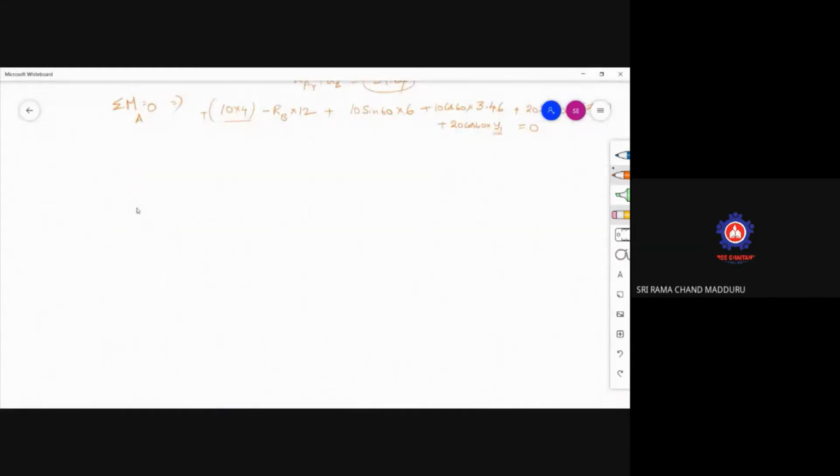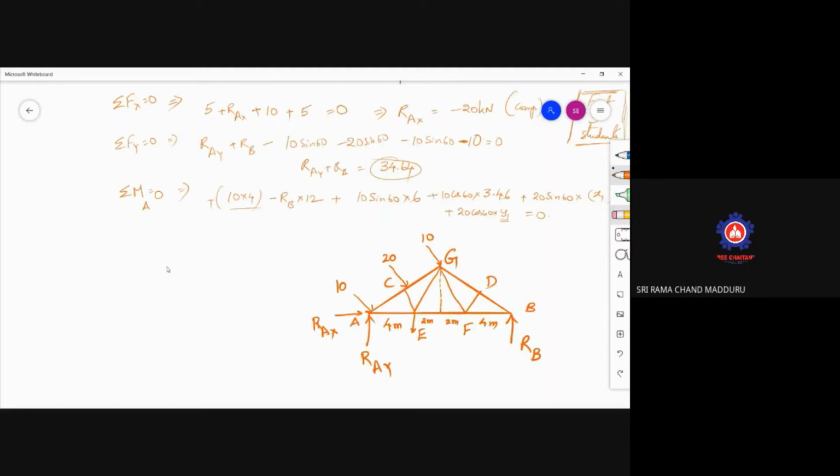Just see this one. I'm once again drawing. Now, this force of 10 kilonewtons is acting here downward.